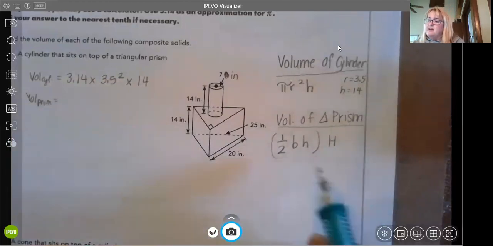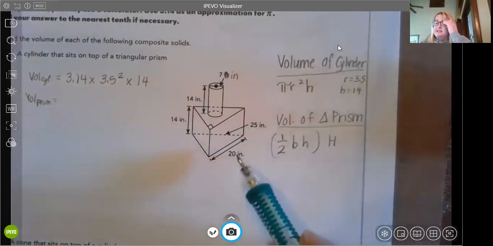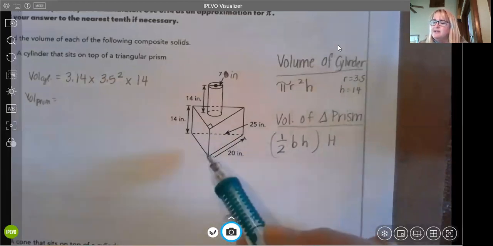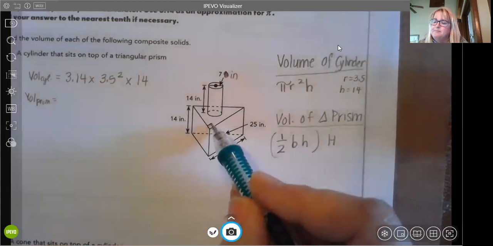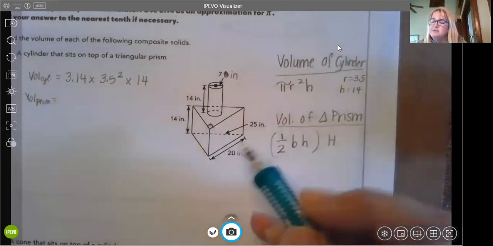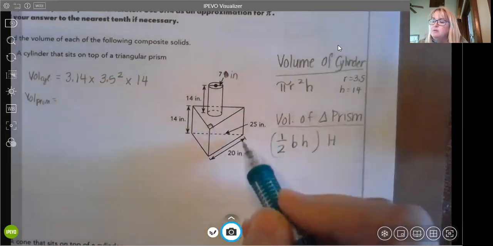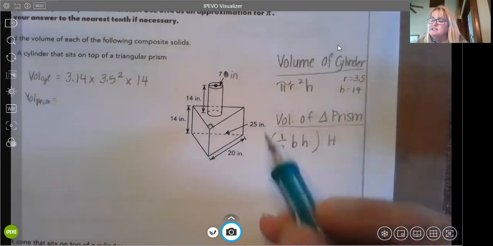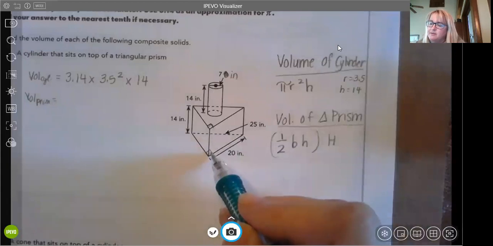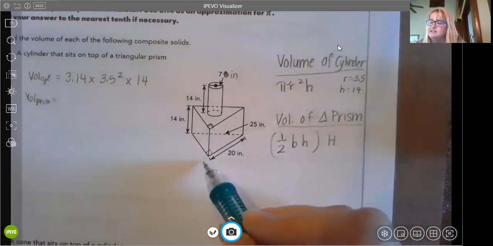And let's see what we have. Okay, this has a triangular base. I see that this is the symbol that means this is a right triangle in the bottom, which means that we can use the Pythagorean Theorem to figure out what this is.